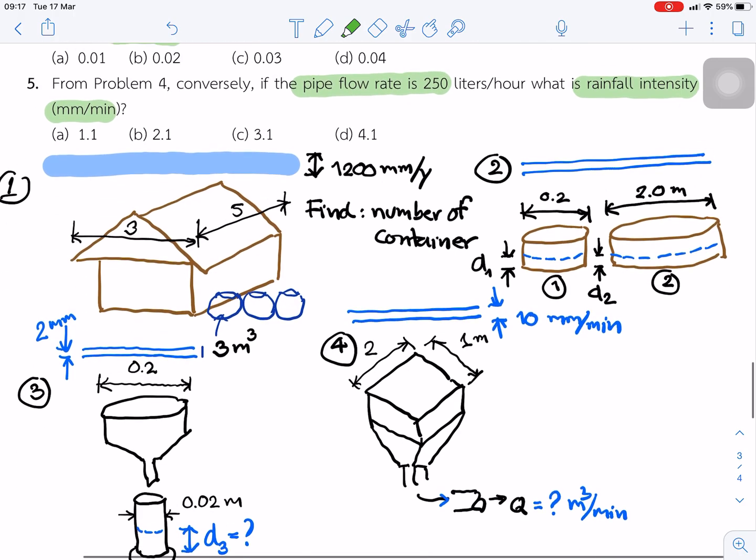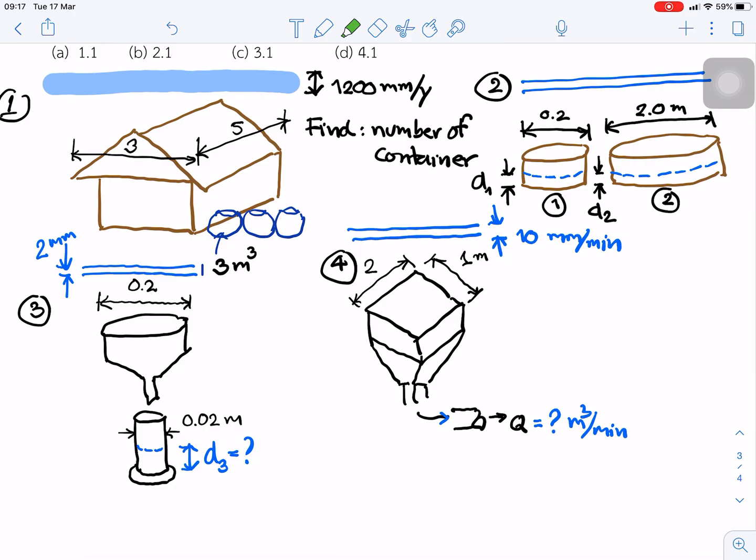In this case we know the Q, and the question is what is the rainfall rate? That is our question.